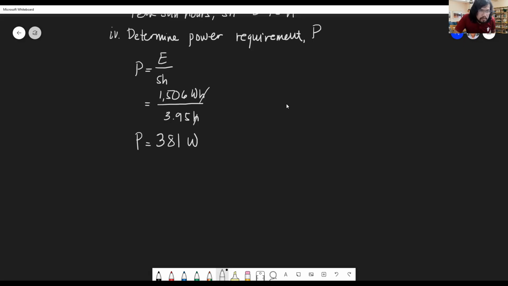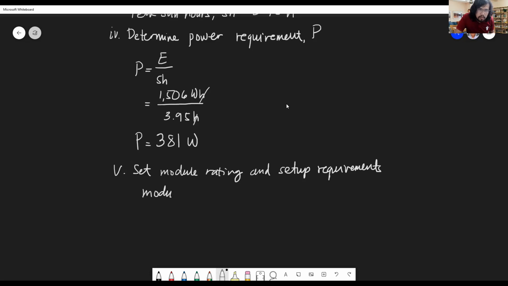So determine, let's just set the module rating and set up requirements. And we have the module rating.